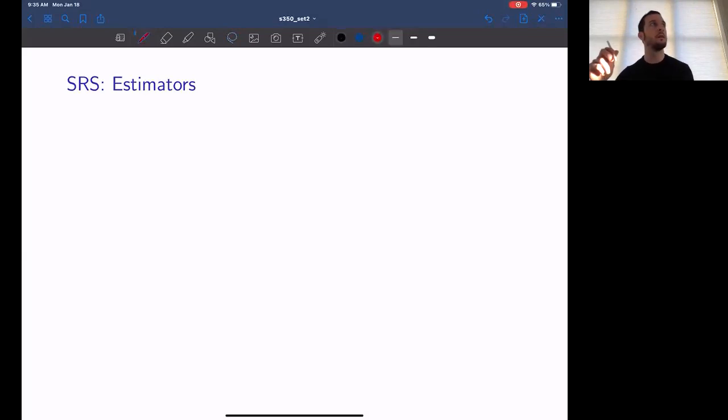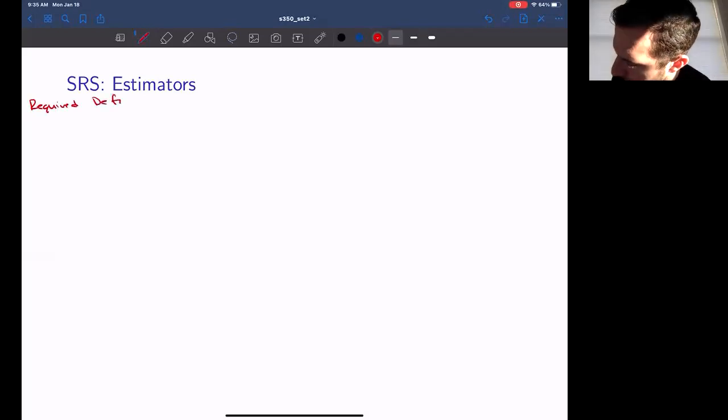All right, so before we start, we need to recall the definition of the variance of a constant multiplied by a random variable. So I'll just write here, required definitions. 1.